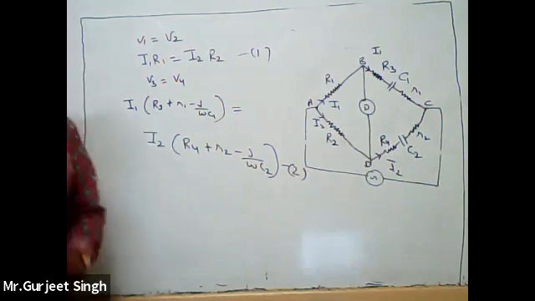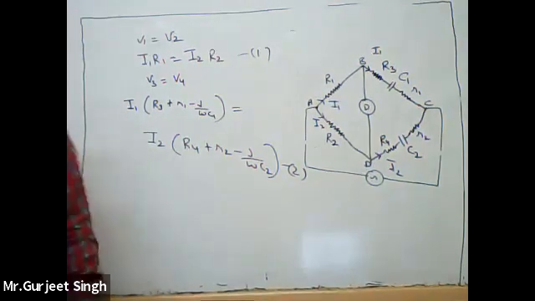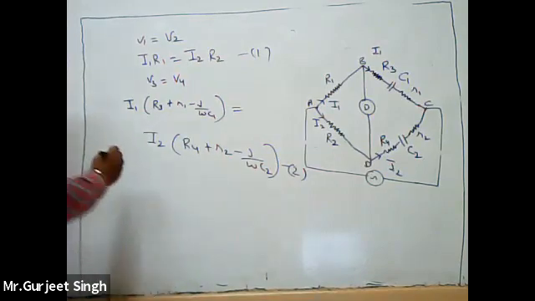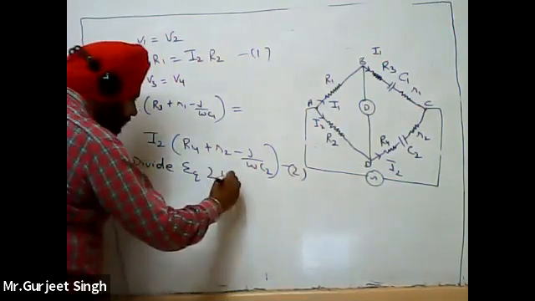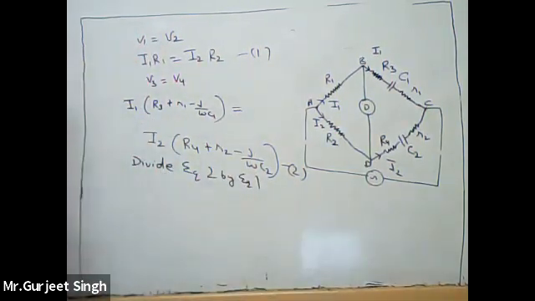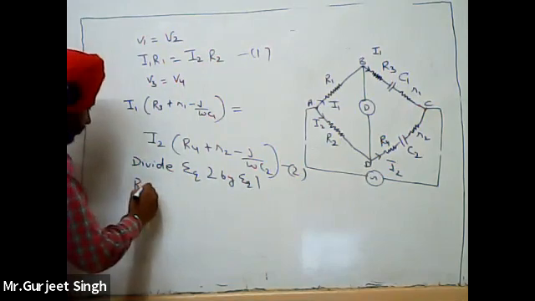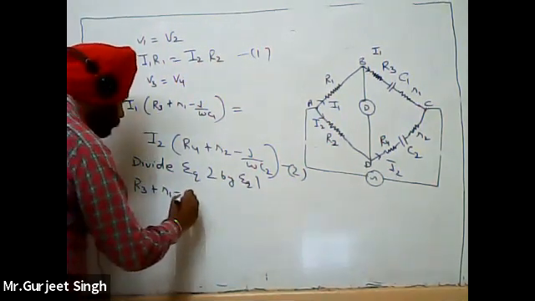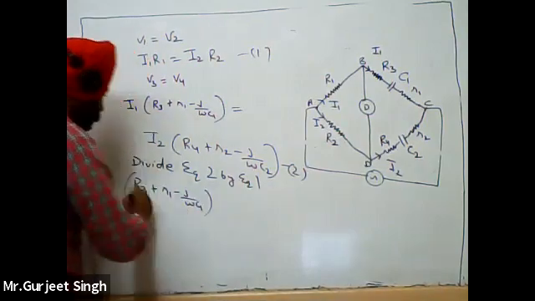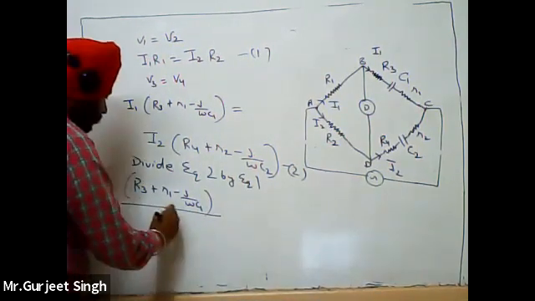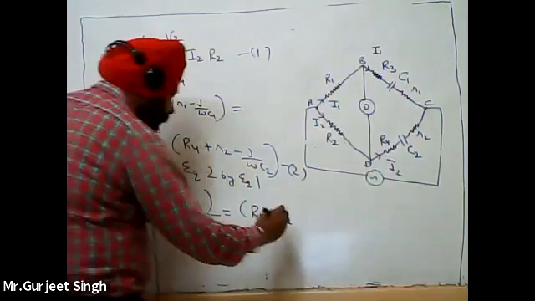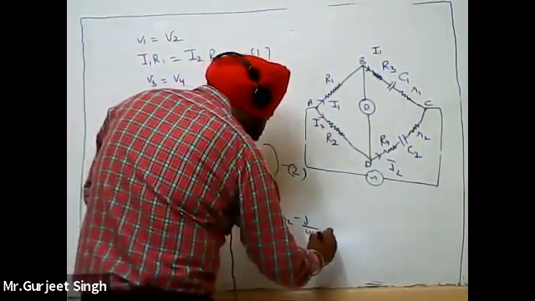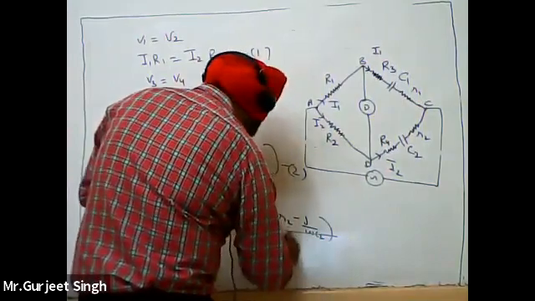To simplify, we will divide equation second by equation first. So (R3 plus R1 minus j over omega C1) divided by R1 is equal to (R4 plus R2 minus j over omega C2) divided by R2.